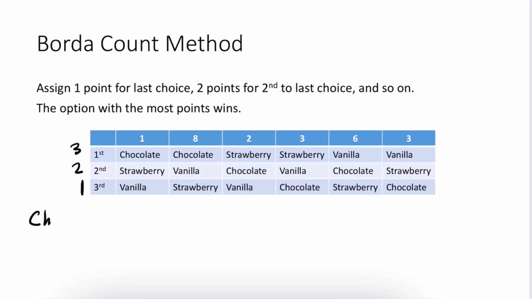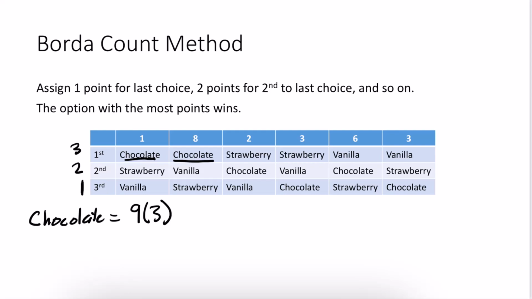So we'll take chocolate and we'll say, okay, first of all, let's look at how many first choice votes chocolate has. And it looks like it has 1 person who voted for it as first choice here and 8 people who voted for it here. So there's a total of 9 first choice votes, and each one of those first choice votes gets 3 points.